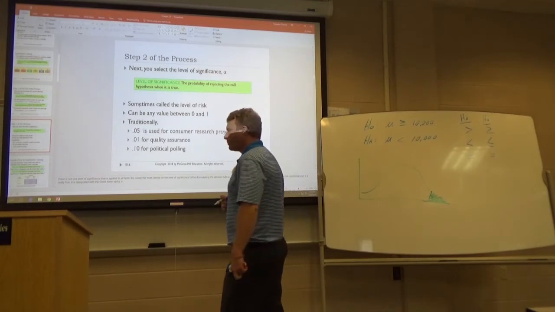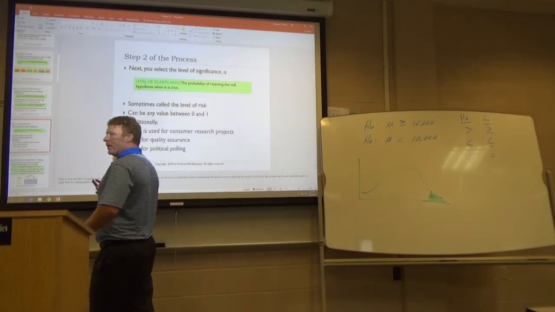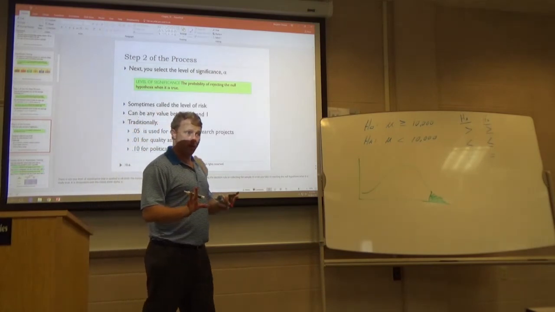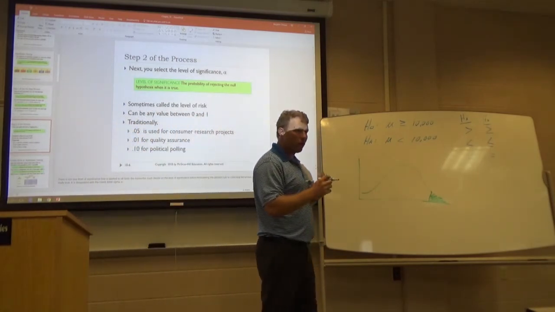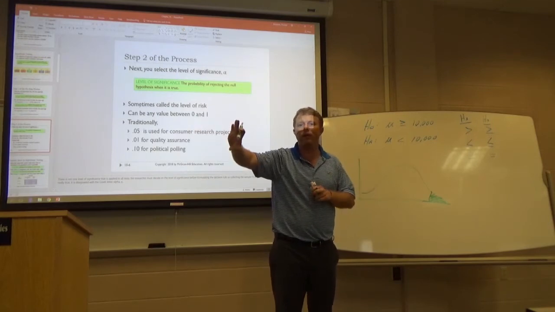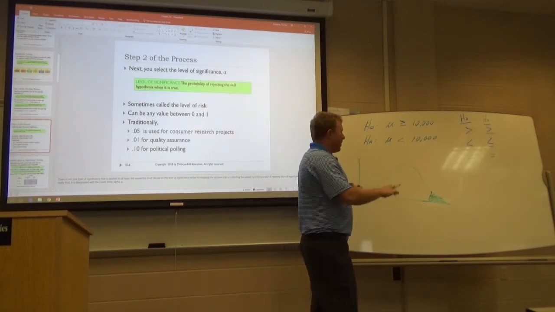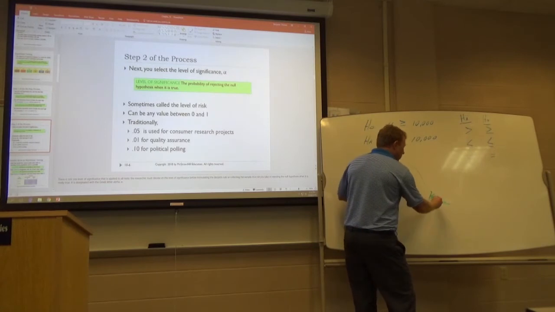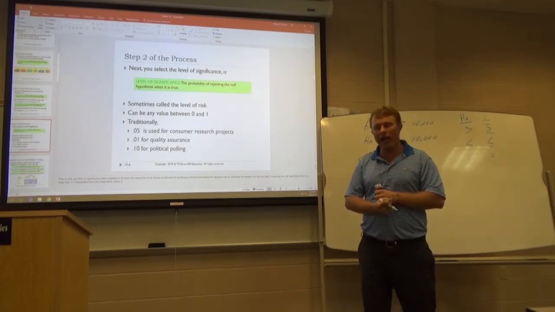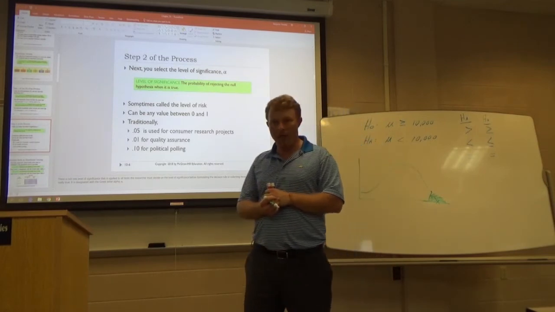We haven't done the math yet, but when we do, we're going to get a number that looks like one of your standard deviation numbers. It's going to be a z. If that number lands over in the shaded area, we are going to reject the null hypothesis.